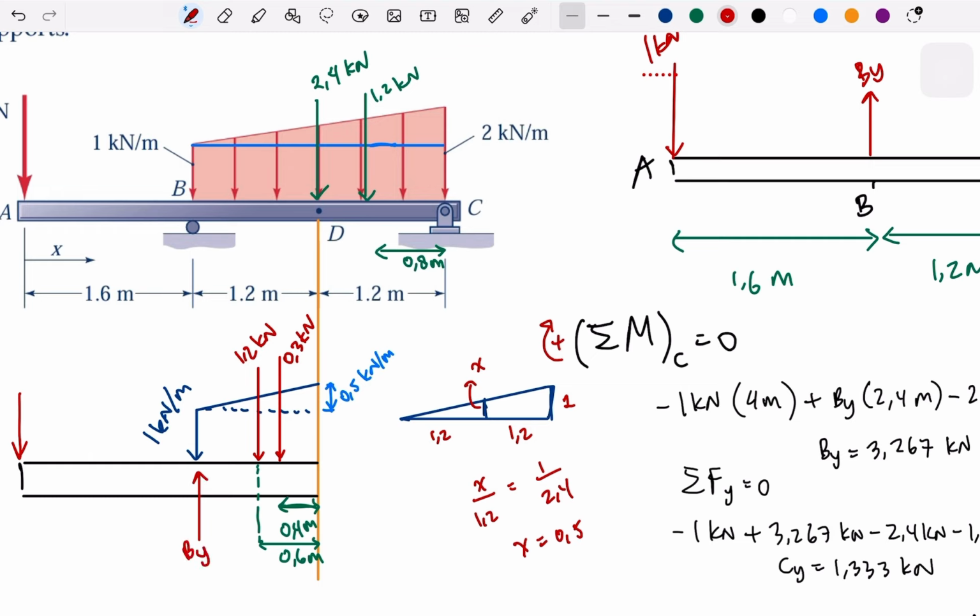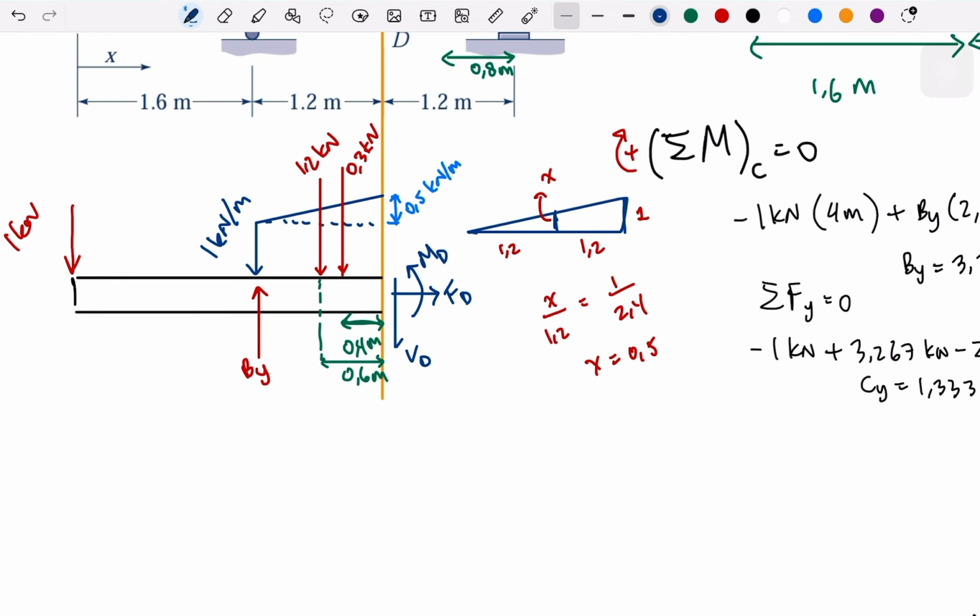And what else? I think all the resultants are done, and we need to write at D the internal axial force, or the normal force FD, then the shear force, and the moment. And then the same, we are going to write all the possible forces.